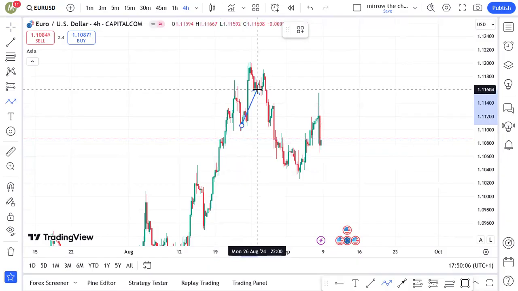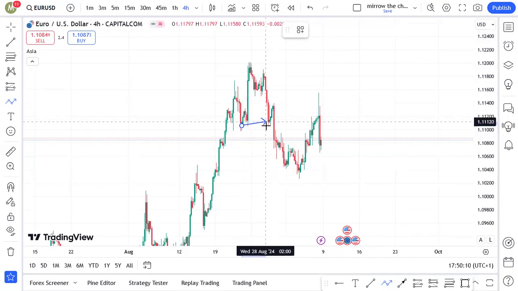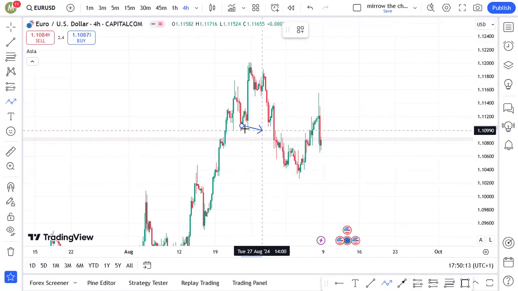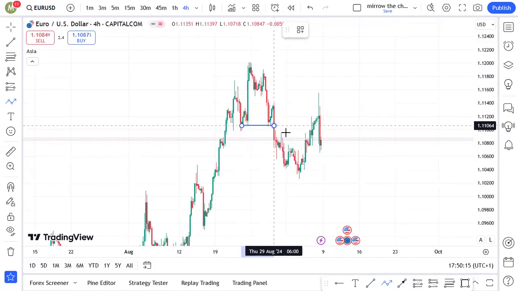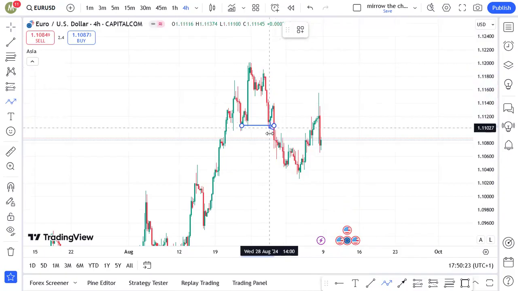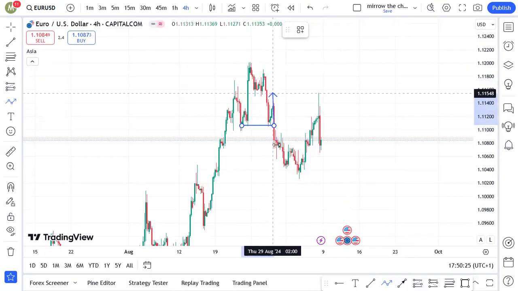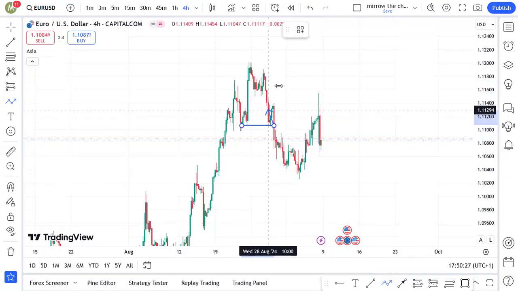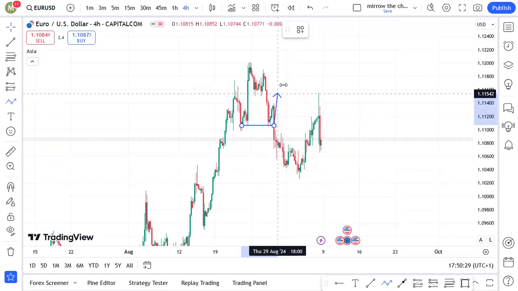And instead of maintaining the structural trend, price came back and took out the last low that made the high, leaving a range for us. And that range that price left is what we call the range structure.